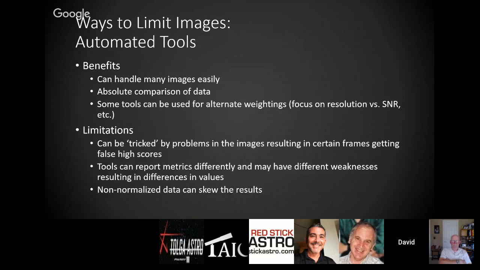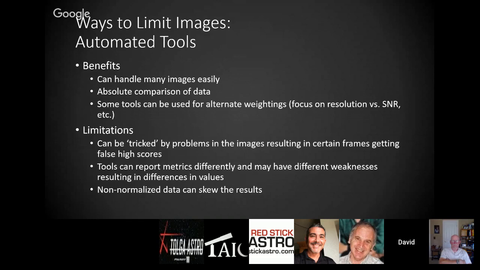So, automated tools. One of the great benefits is they can handle a whole bunch of images easily, right? You just dump them all in and say, measure all this stuff and report back and tell me what's going on. You can also get an absolute comparison of your data, right? Where it's not a relative thing.